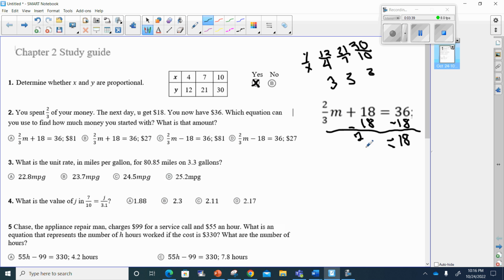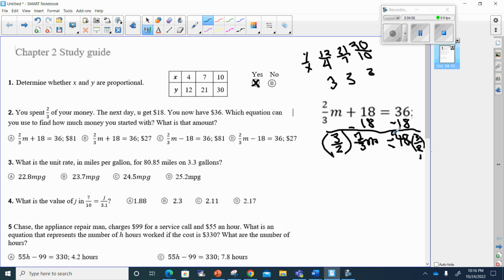2/3 m. Now remember, to get rid of 2/3, we have to multiply it by 3/2, which means I have to multiply this side by 3/2. I know 18 and 2 are both divisible by 2. 2 divided by 2 is 1. 18 divided by 2 is 9.